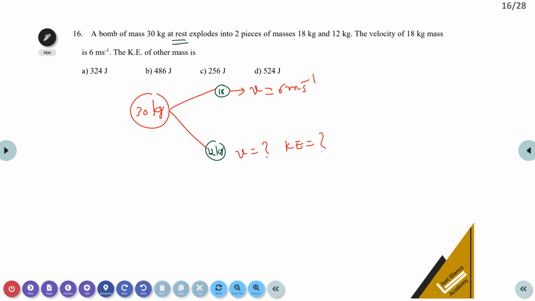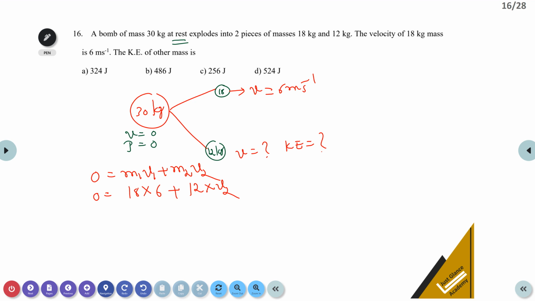initially the bomb is at rest. The bomb at rest means velocity equal to 0, so momentum equal to 0 before blasting. After blasting, 0 equal to m1 v1 plus m2 v2. Here 0 equal to 18 into 6 plus 12 into v2.